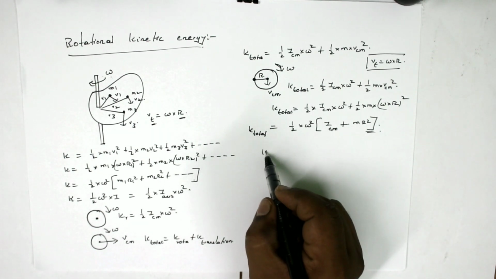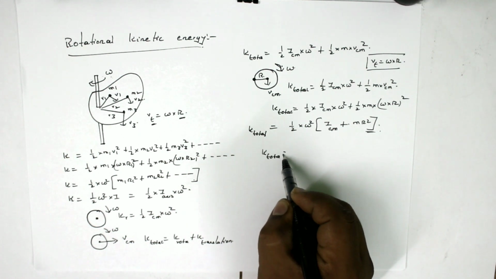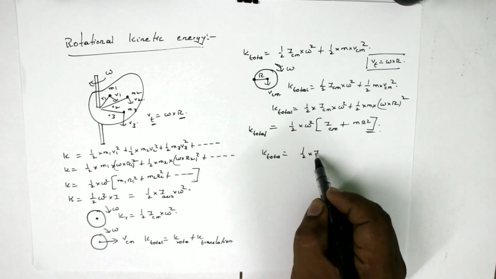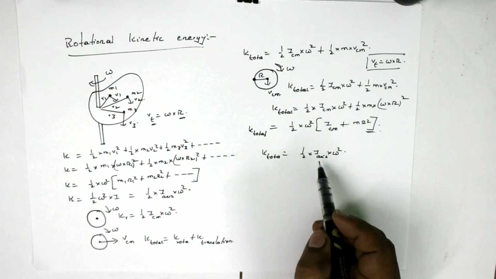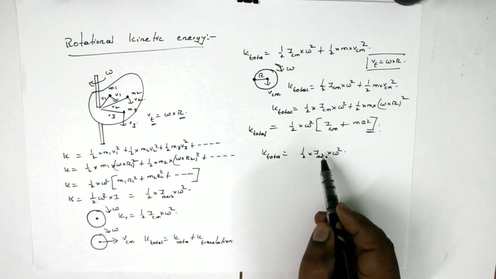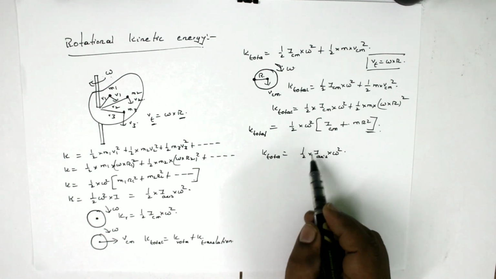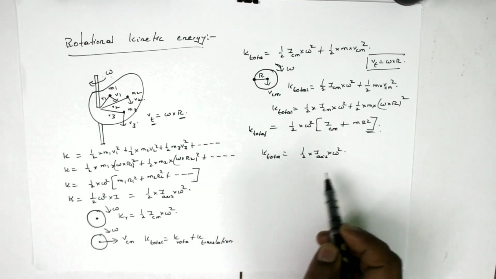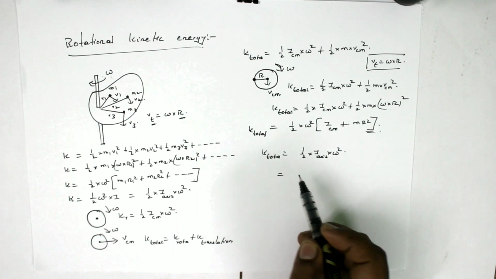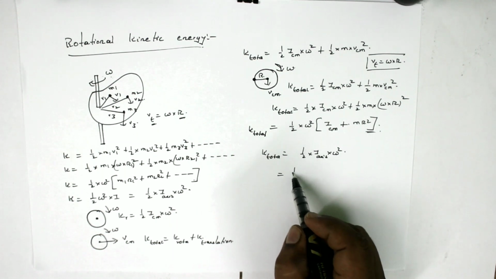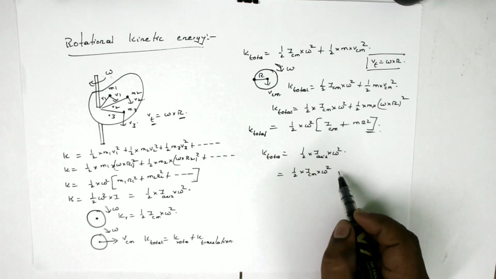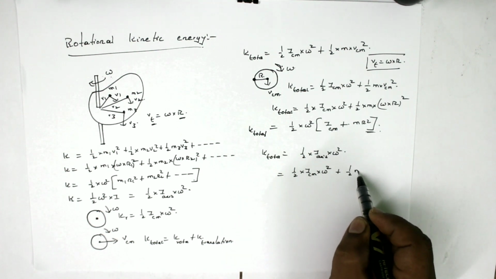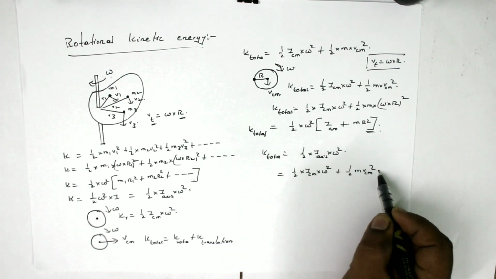So K total can also be written as half into I axis into omega square, where I axis indicates the moment of inertia around the axis about which the body is rotating. Or, separately, half into I center of mass into omega square plus half m into V center of mass square.